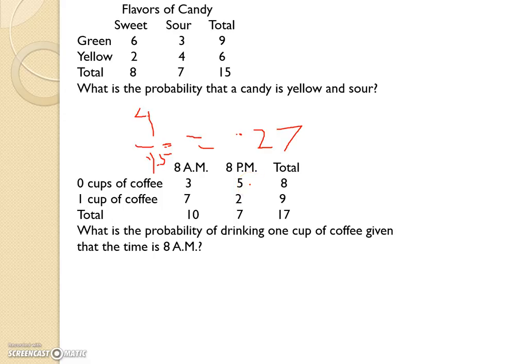What is the probability of drinking 1 cup of coffee given that the time is 8 a.m.? So 7 out of 10 people wake at 8 a.m. So 7 out of 10, which equals 0.7 as the probability for this table.